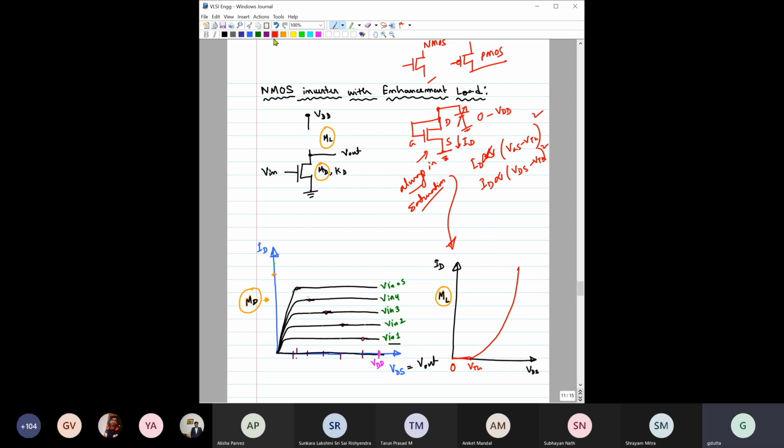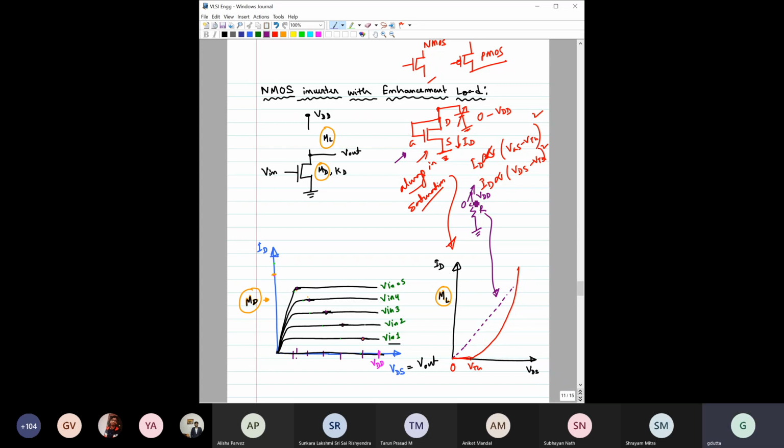Suppose instead you want to plot the IV characteristics where VDD is varying from 0 to VDD and this is ground. If it is a resistance, it will be linear. But if you use this transistor, you get a different IV characteristic which is not linear, but it is behaving like a load.